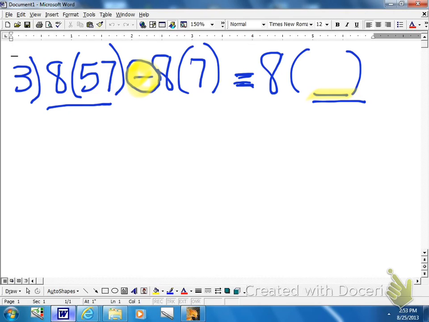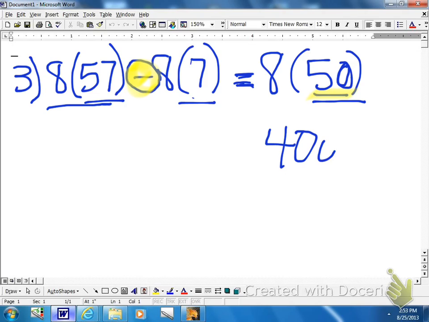So remember that. Minus 8 times 7. So we want to take that 7 away from 57. And what would that leave me with? 50, right? So we know 8 times 5 is 40, plus my 0 over here. So that would be 400.